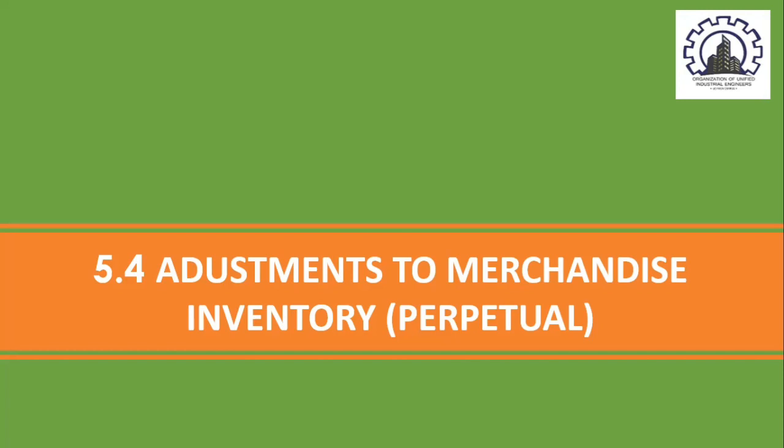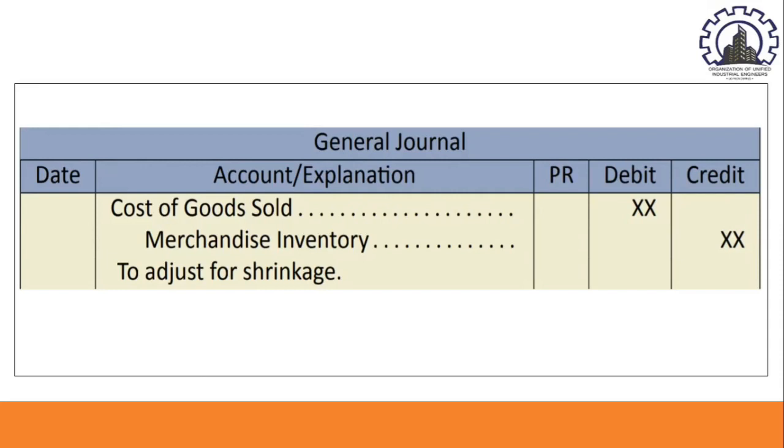Now, in order for us to better understand this, let me show you a sample journal entry. So the adjusting entry to record shrinkage is this one. You have cost of goods sold being debited and merchandise inventory being credited to adjust for shrinkage.